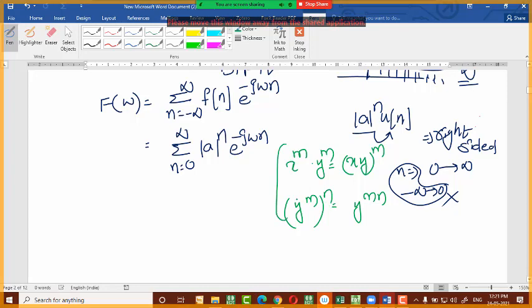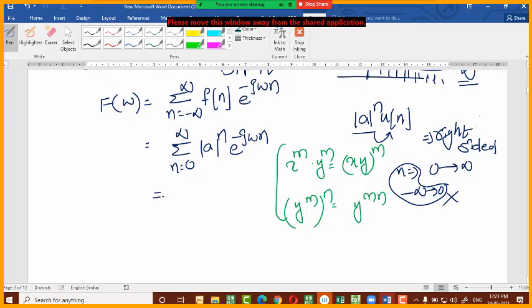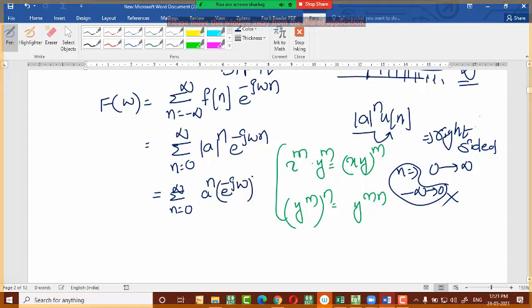Using these basics, I am rewriting this. It is equal to sigma n is from 0 to infinity a power n, e power minus j omega whole power n. e power x whole power y is e power xy, so minus j omega into n will be minus j omega n. Without changing any value, I can write like this. So I have applied this.